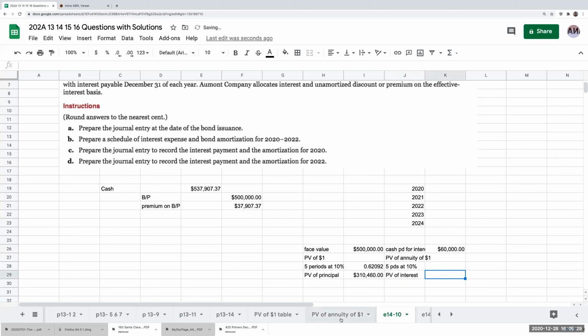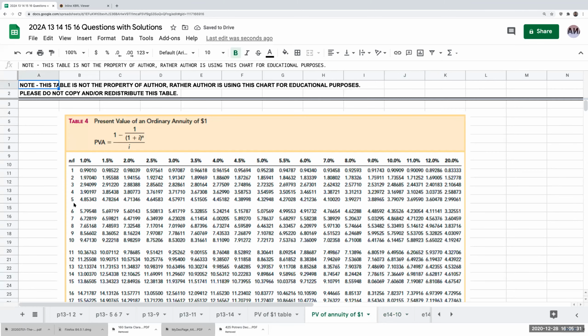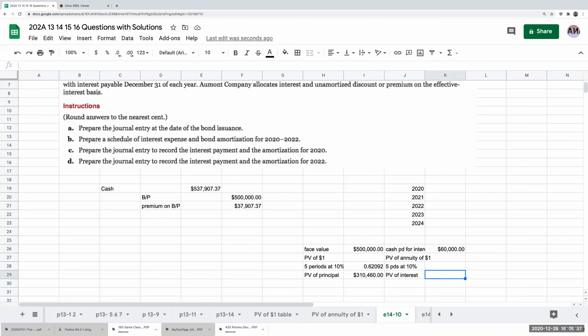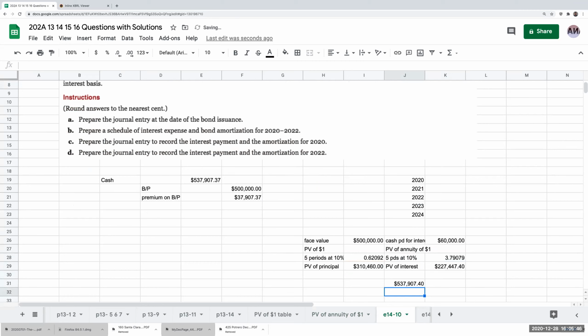So my present value factor is 3.79079. When I add these two components up, that's how I'm getting 537,907. I'm off by 3 cents, but that's how they're coming up with that number.